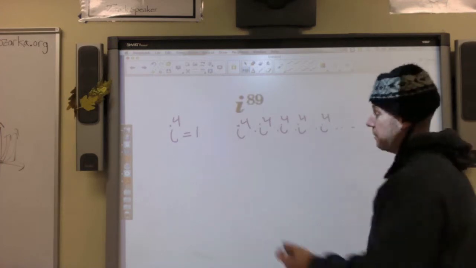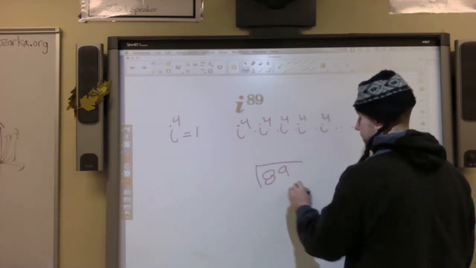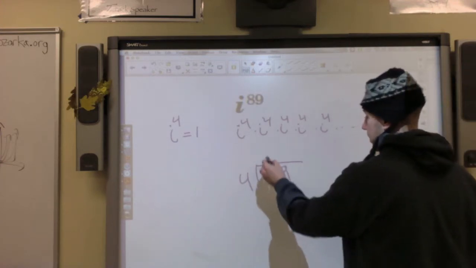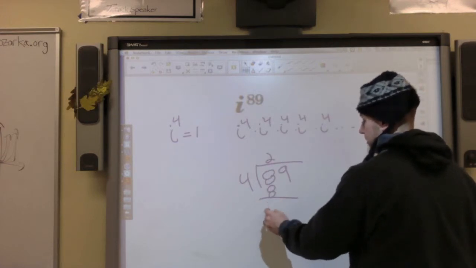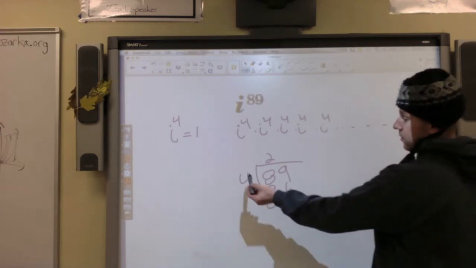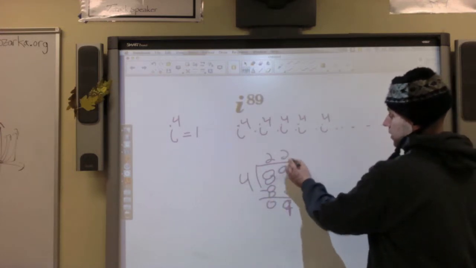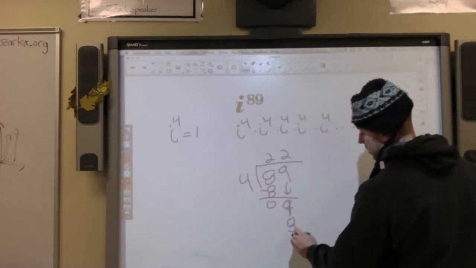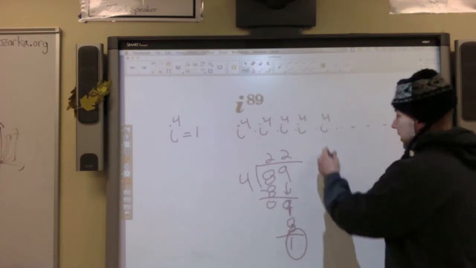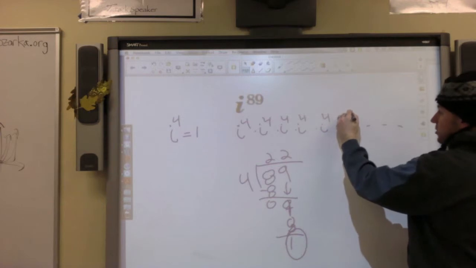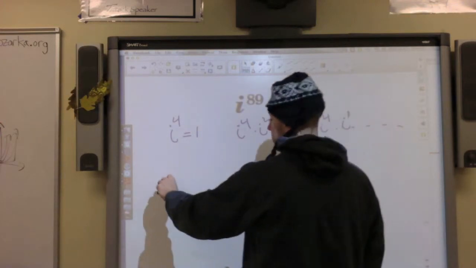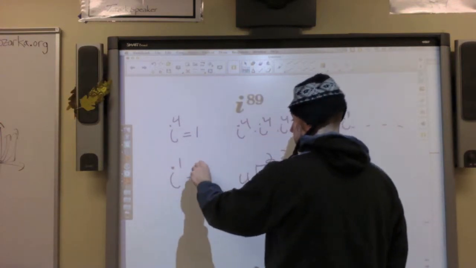So, to shorten things up, I do some long division. I divide 89 by 4. 4 goes into 8 2 times, with nothing left over. I then do 4 goes into 9 twice, with 1 left over. So this remainder is going to be that extra i to get up to 89. So it's really going to be just i to the first, or just i.